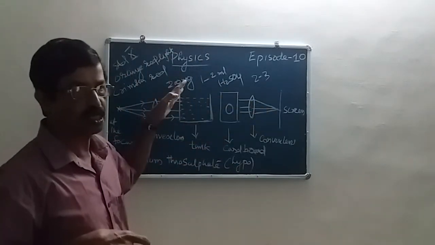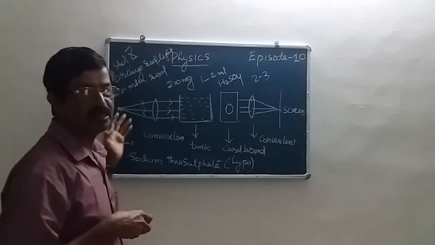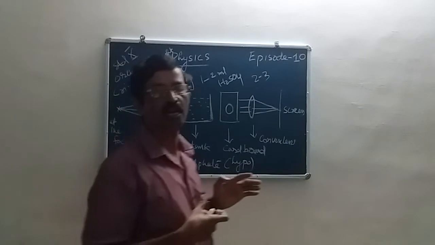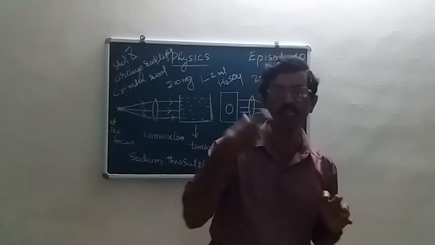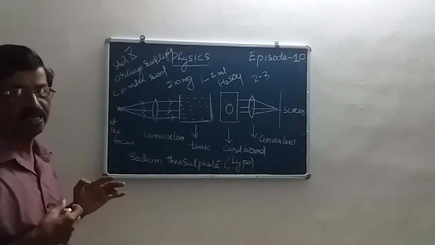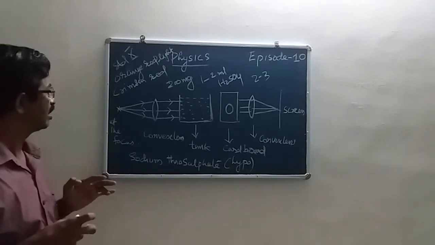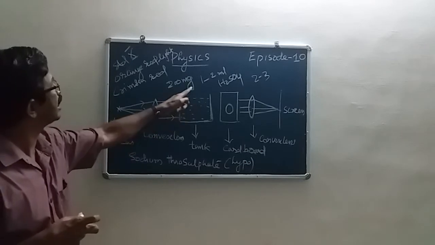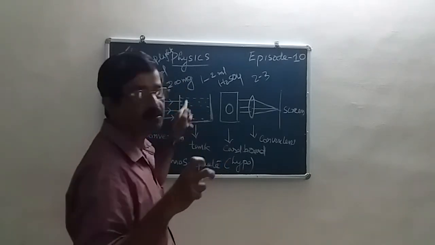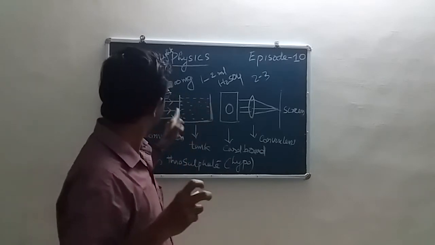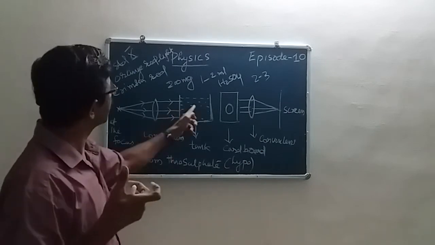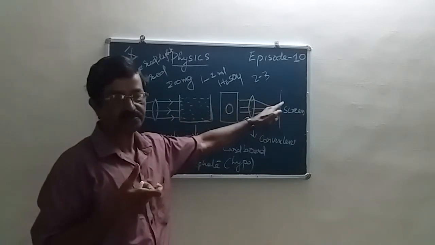This activity helps us to find the reason for the blue color of the sky and also why the rising and setting sun appears red in color. At first the sulfur particles are smaller, so shorter wavelength light is scattered. Because of that, we got blue color.